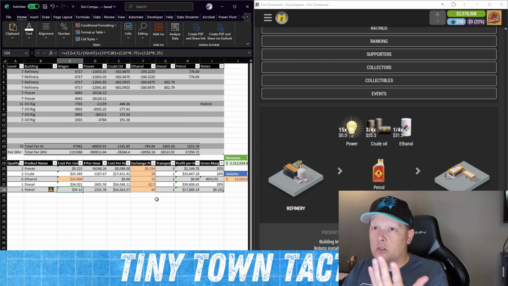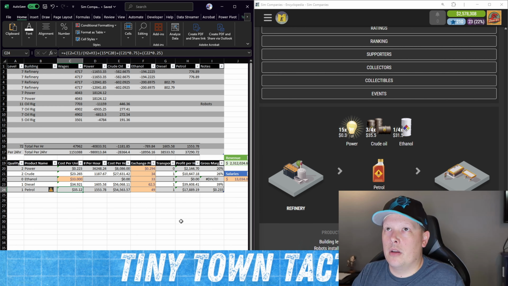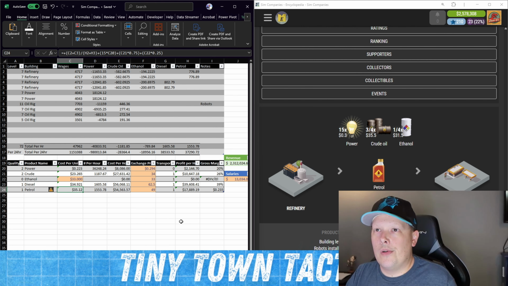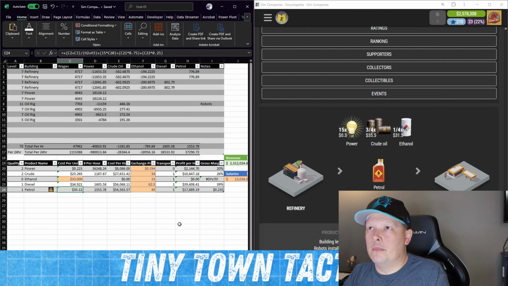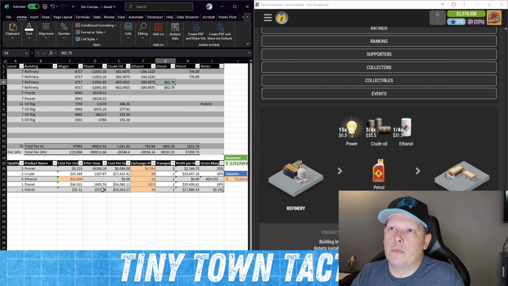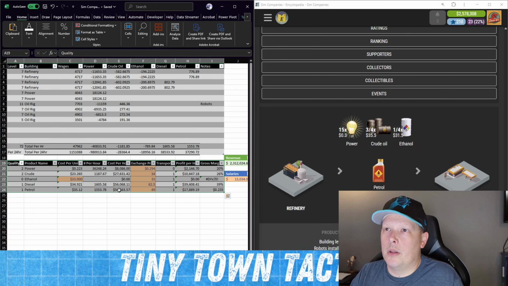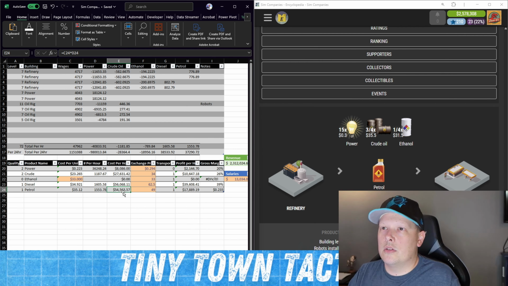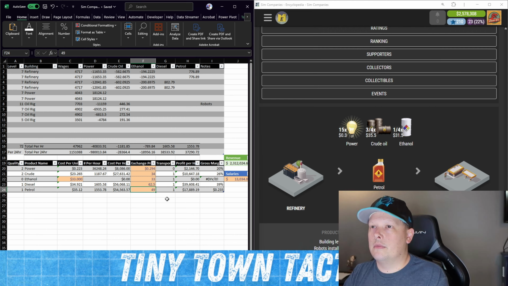Okay. So see, it costs me a little bit more to make petrol. That makes sense, because I make less per hour. Okay. Yeah. So our overall cost per hour is less.